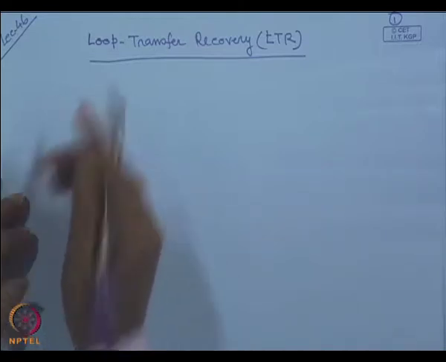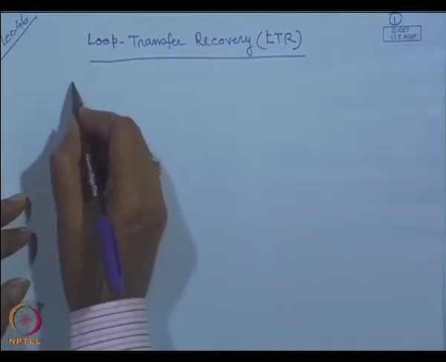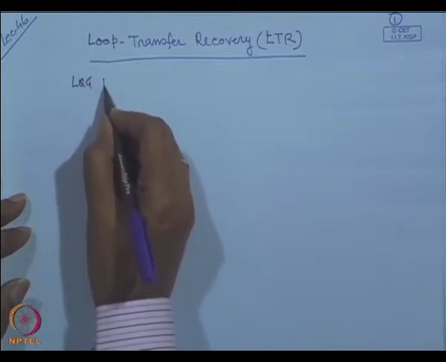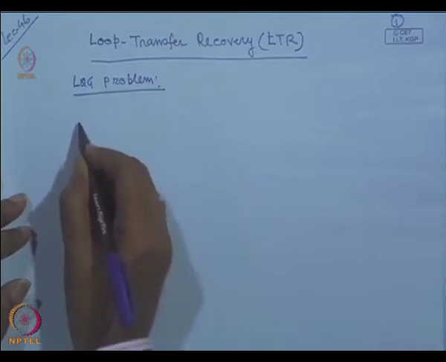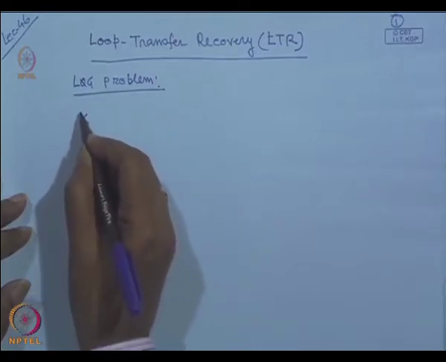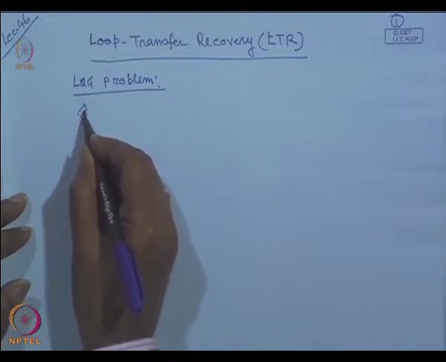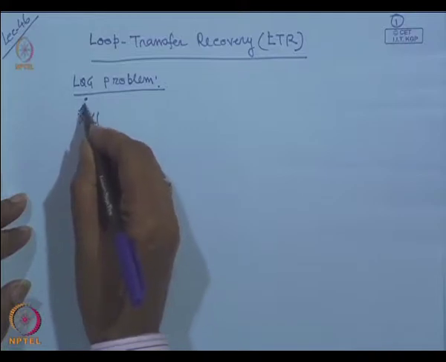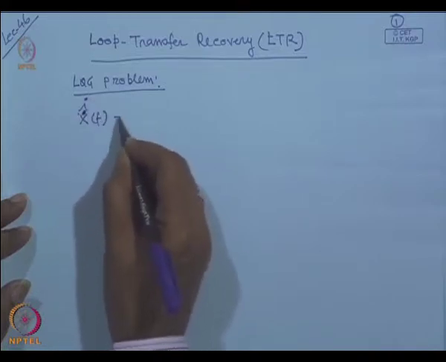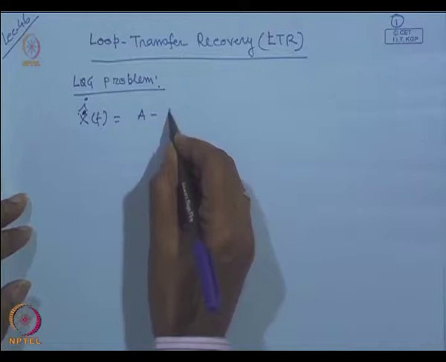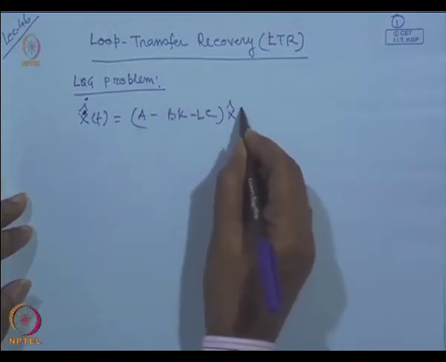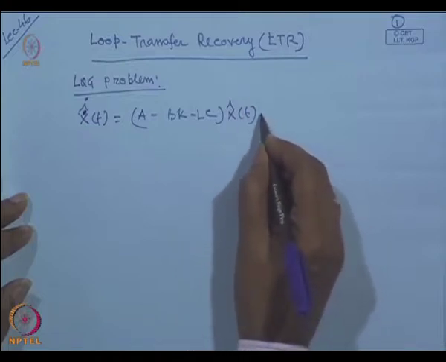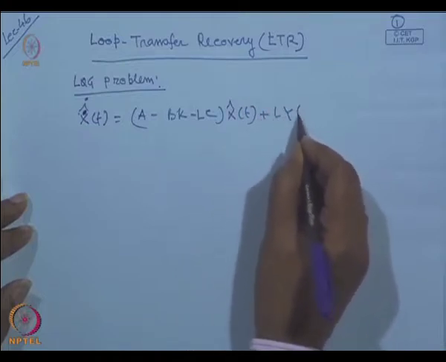We know our LQG problem, the estimated dynamic equation: x hat dot of t is equal to A minus B K minus L C times x hat of t plus L times y of t.